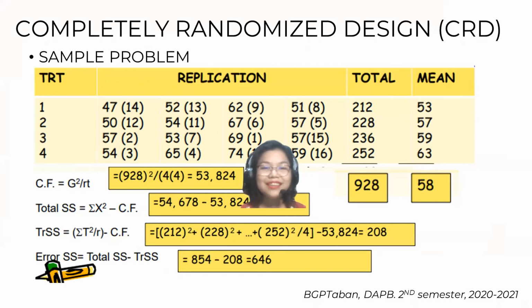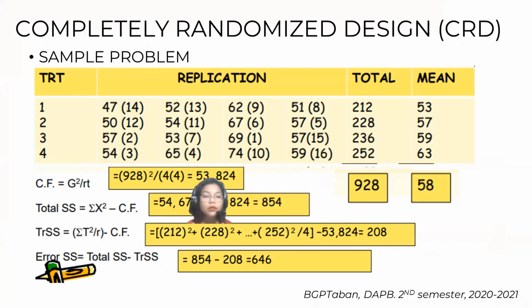Or rather 824. So you could recompute this. Tapos yung total SS naman natin is sum of squares minus CF. So this is squaring all of these values.